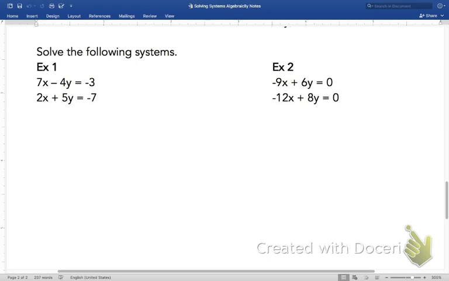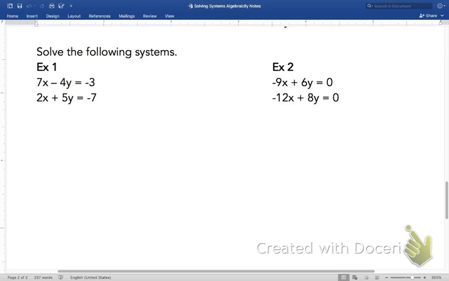So on example 1, you have 7x minus 4y equal to negative 3 and 2x plus 5y equal to negative 7. Which one do you want to get rid of? Which one do you want to match, the x or the y? It doesn't matter to me, and there's not a wrong answer. Which one do you want to eliminate? You want to eliminate the x, okay? So if I want to eliminate the x, I need to get the x's to be the same value.